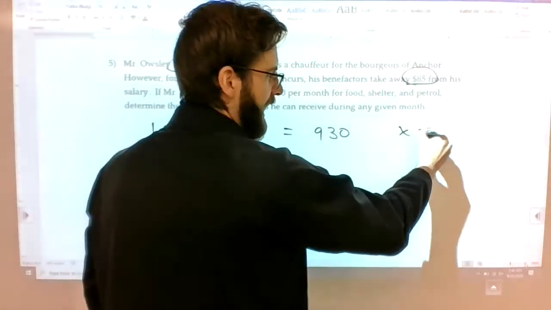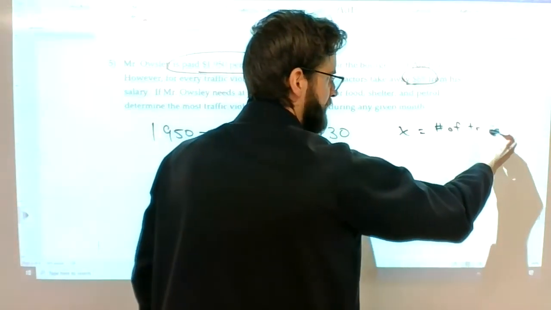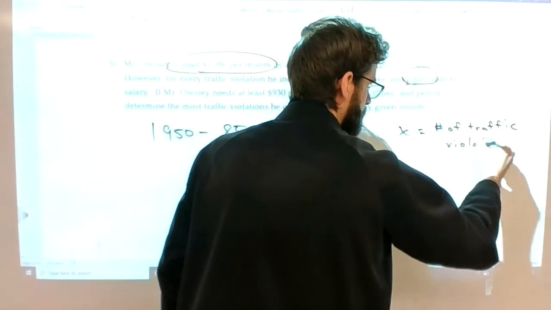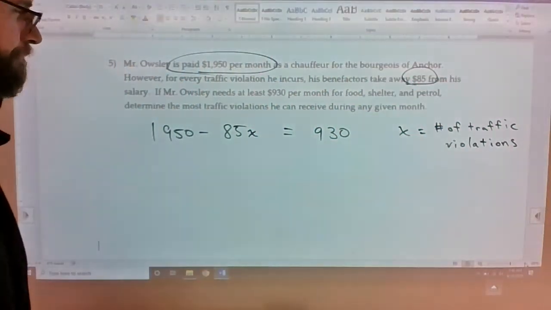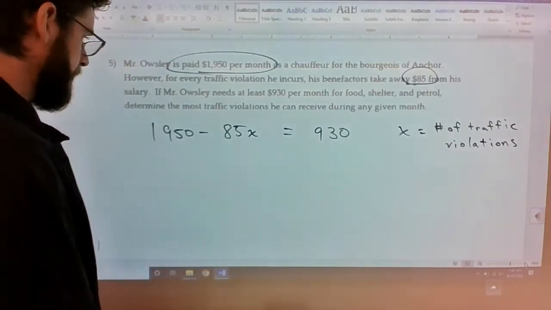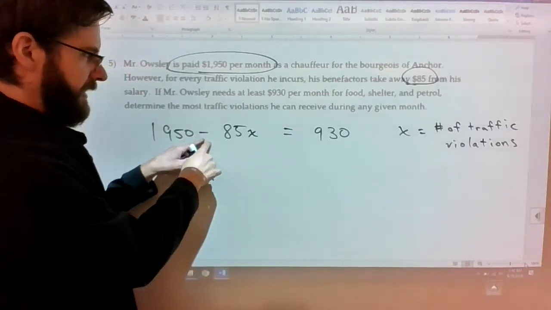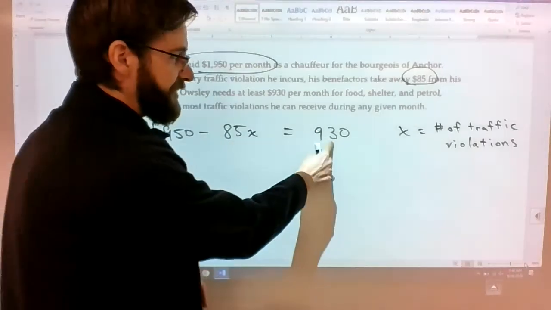So I'm going to define X as the number of traffic violations and then solve from there. Yeah, so starting point, take away the rate that X is being taken away. And then this is my ultimate goal.